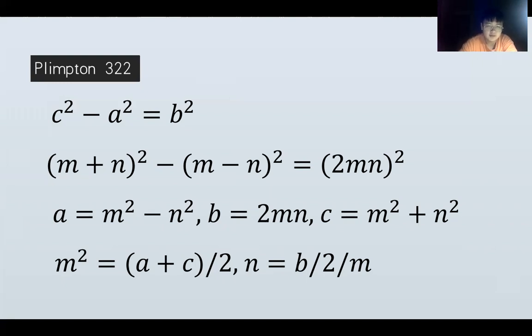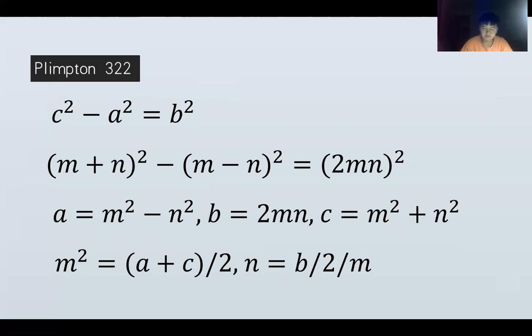Then, finally, we can get to our last step, which is that we can write out m and n individually. So m squared is a plus c divided by 2. n is b divided by 2 divided by m. Now, we can have m and n as long as we have a, b, c. Some people might ask, why would we replace a, b, c with m and n?